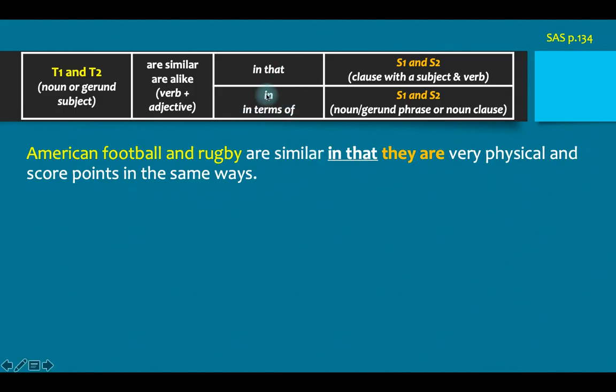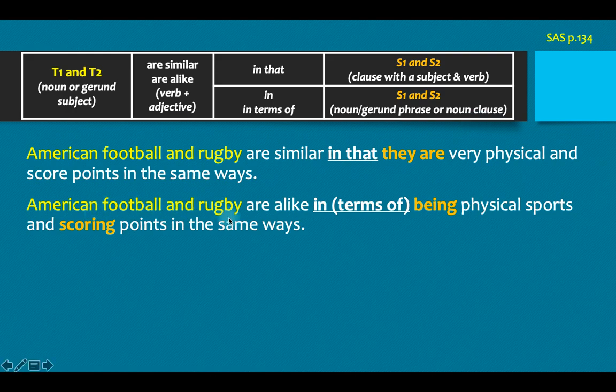The other way, we can use are similar, are alike in terms of, or just in. You can use both. And then we use, again, our noun gerund phrase or a noun clause. Let's look at these.